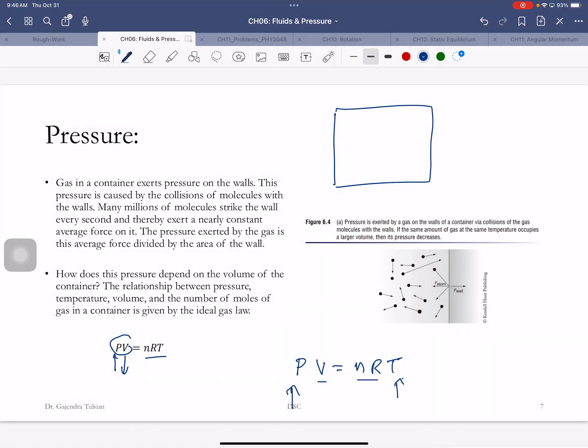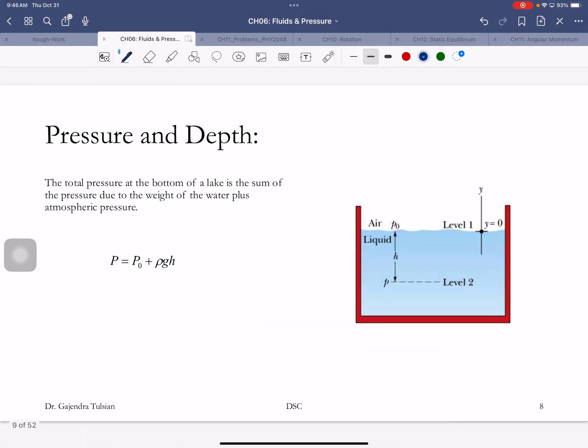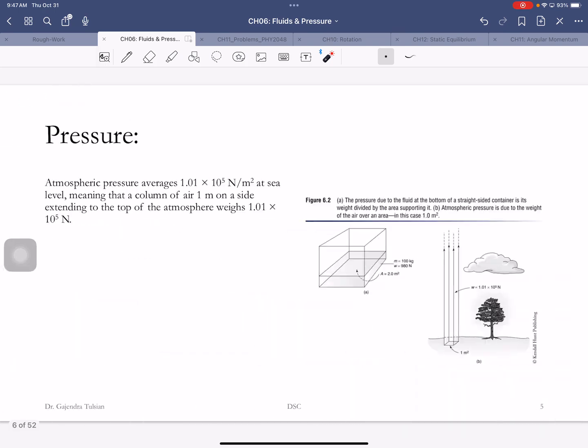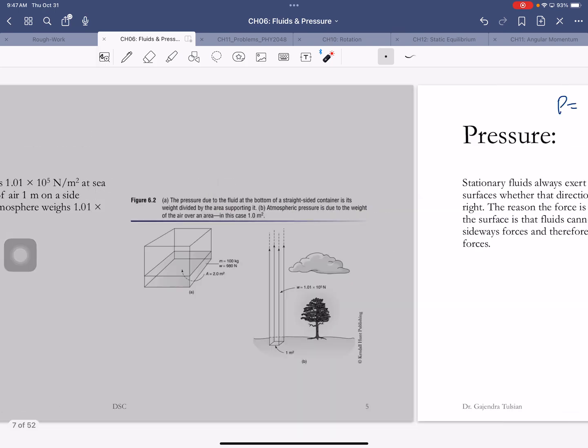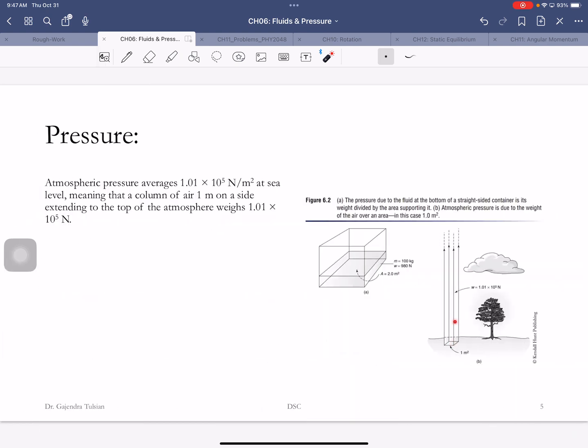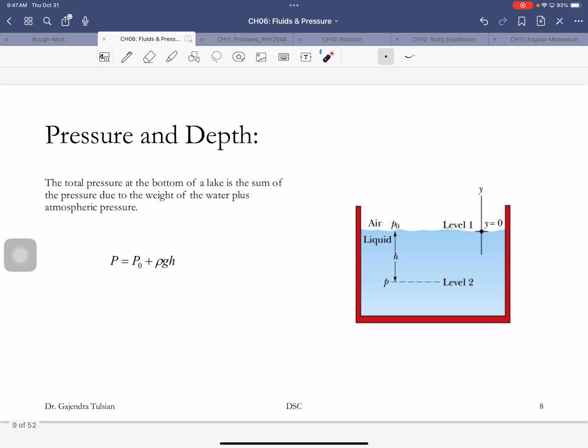All right, so this is the ideal gas law. We saw that pressure can be thought of as the weight of this air column all the way to space. Now let's go underwater. What is the pressure here?